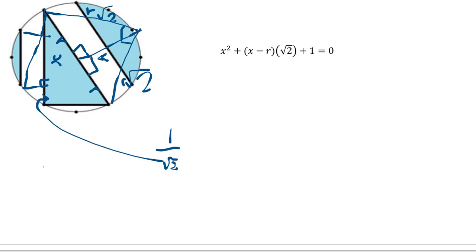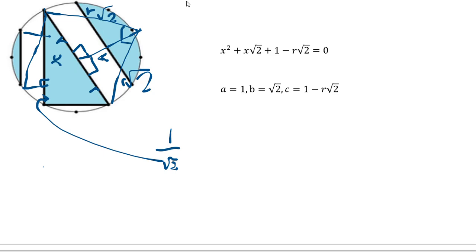Okay, change my mind. I'm not going to take minus r root 2 to the central part. I'm going to take it to the edge part. Now since we have a quadratic equation, I'm going to determine a, b, and c based on the quadratic equation form.